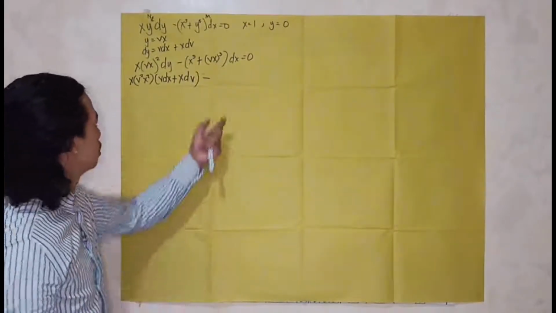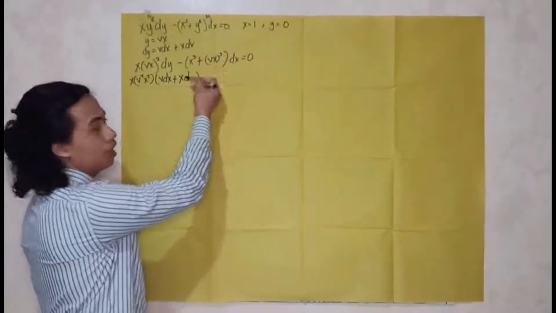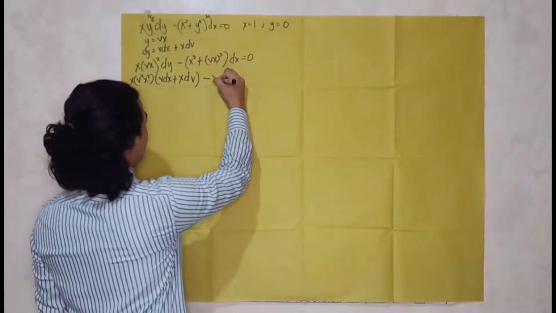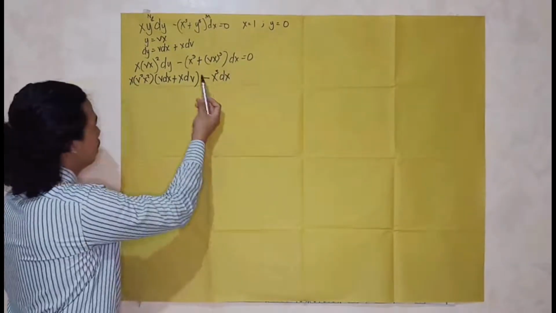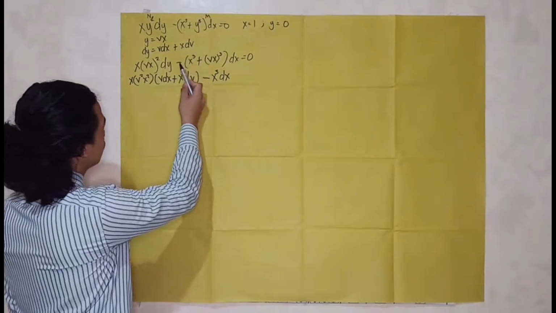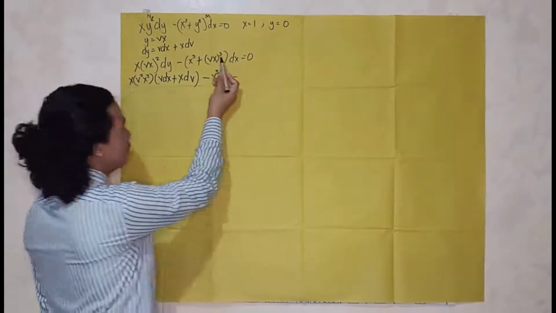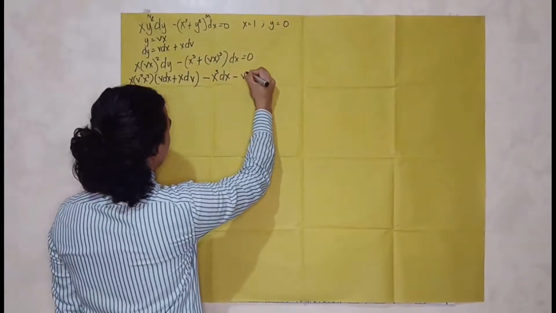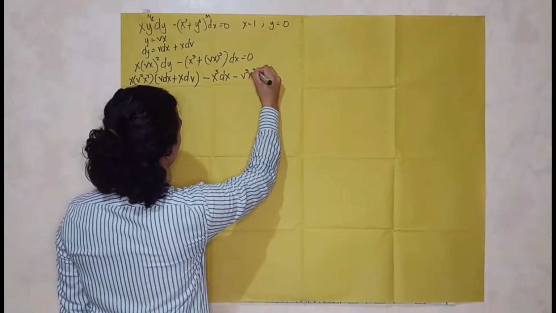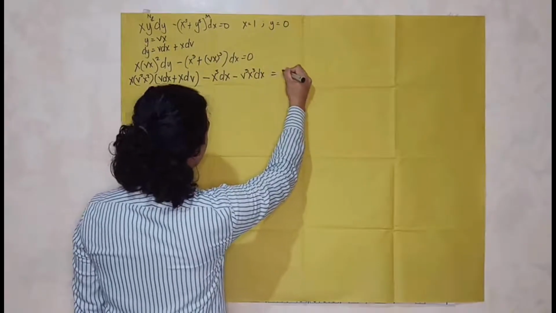Minus, i-distribute na din natin yung dx sa quantity. Meron tayong x cubed dx, then minus, kasi minus, di-distribute, then i-cube na din natin yung vx, then v cubed x cubed dx is equals to 0.